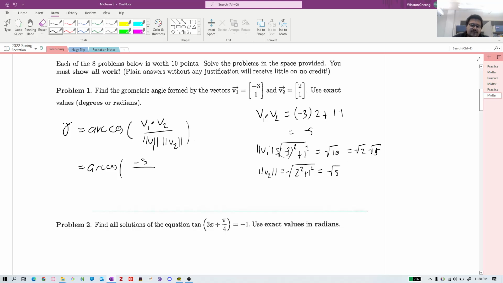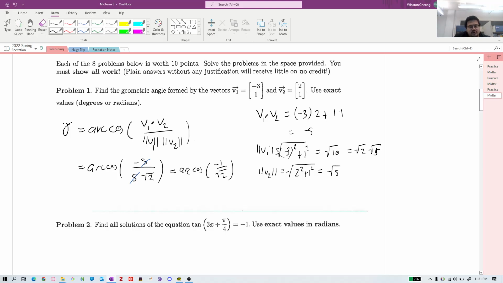Then because the magnitude of v1 and the magnitude of v2 are multiplied together, the square roots are going to cancel, and you're going to be left with 5. And so this is the quantity inside arc cosine. Then you have a cancellation: the 5 and the 5 will cancel. So the thing you're evaluating is arc cosine of negative 1 over root 2.